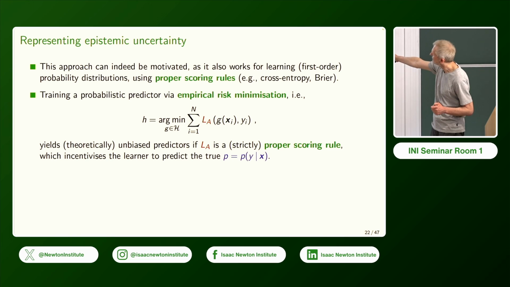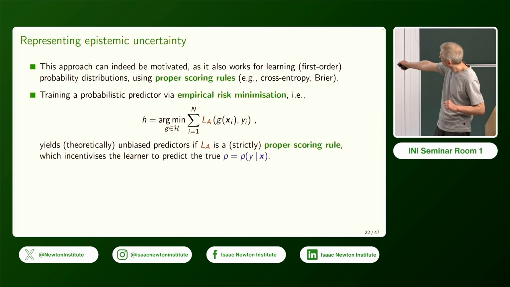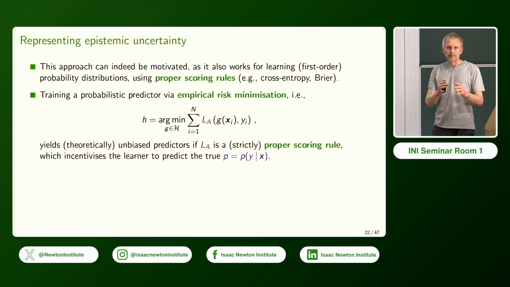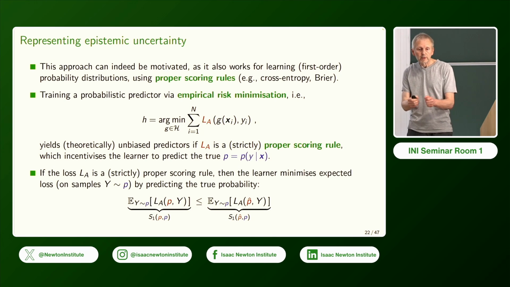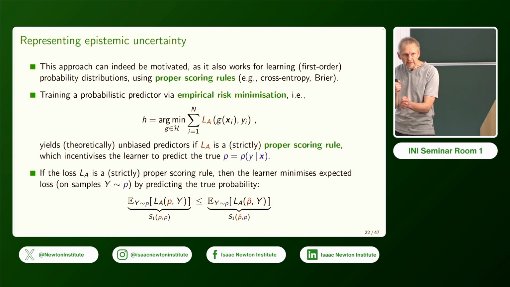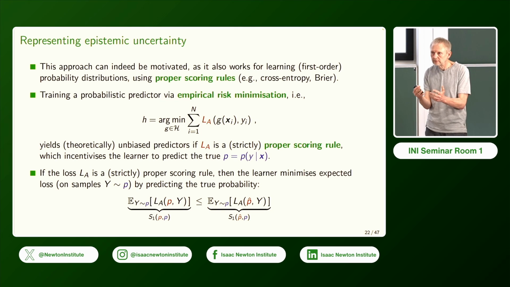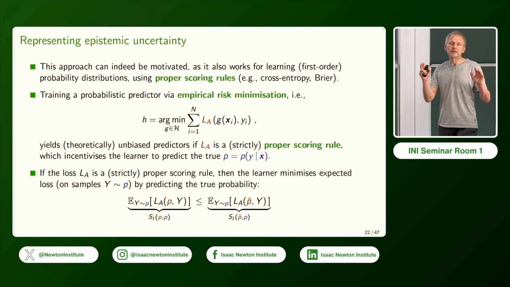The LA here, A stands for aleatoric, because it's working on the aleatoric level. It compares a first-order distribution with an observed outcome. If we take a strictly proper scoring rule for LA, then we provide exactly the right incentive to the learner to predict the ground truth probabilities. So for first-order distributions, we know it works, at least in theory.